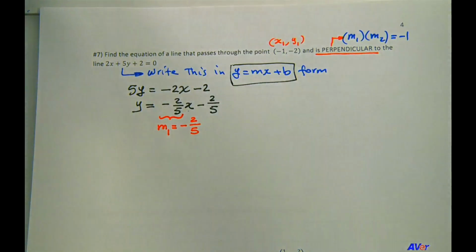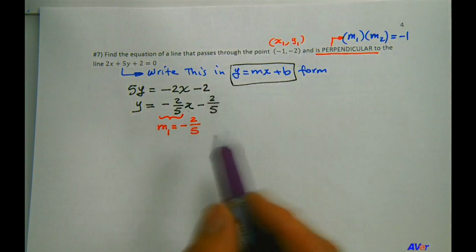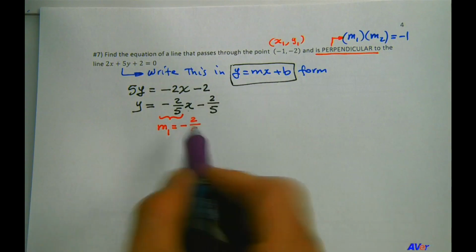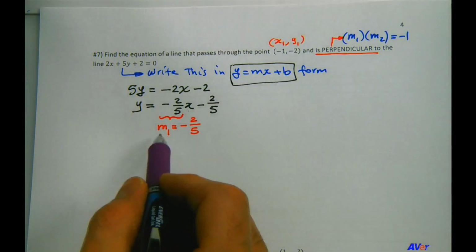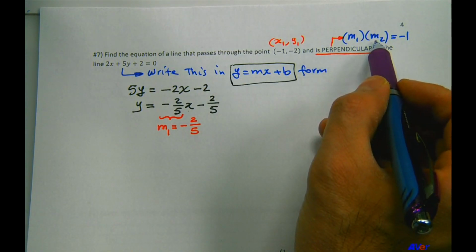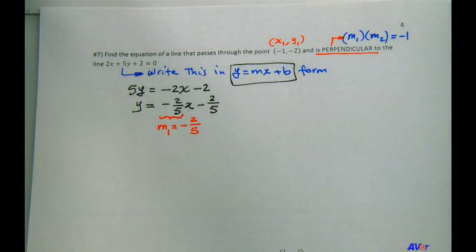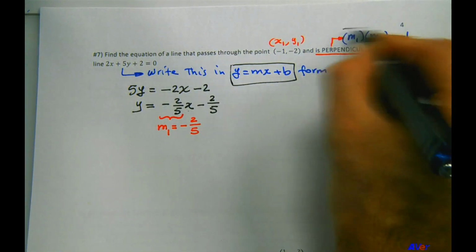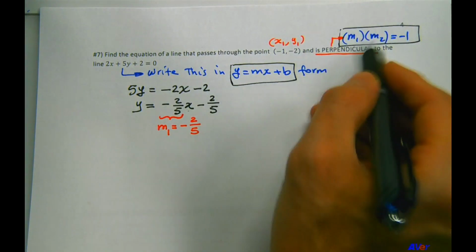Okay, so now we know the slope of the first line, or m1. Let's find the slope of this perpendicular line, or m2. So I'm going to use this formula as my equation to solve for m2.